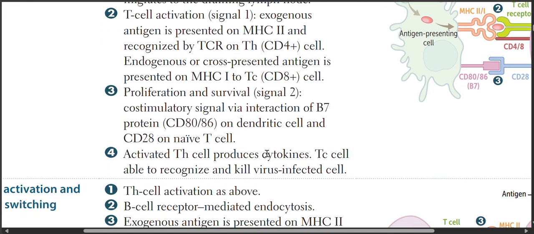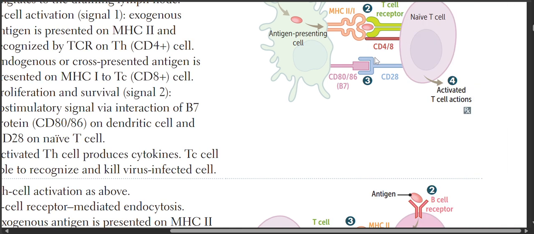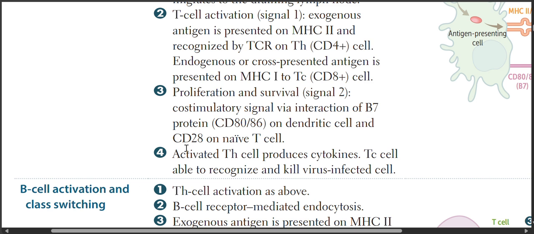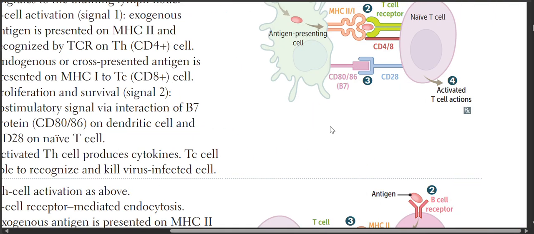For the proliferation and survival, which is the secondary activation, that is with CD80 or CD86 and CD28. Finally, when the cell has been activated, it can start doing what it does. It can produce cytokines, activate other cells, or start cell induced killing, which is the cytotoxic T cells. So that T cell would be activated and now has the ability to carry on with its functions.